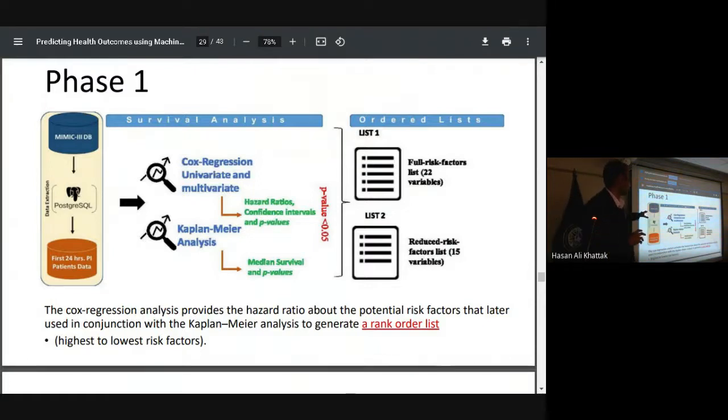If you see, we found a number of variables, and the doctors involved selected 22 out of those. Then, through our analysis, we lowered it again and selected a few, from 22 to 15. Now, what is the benefit of this?